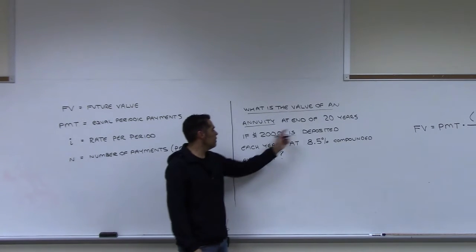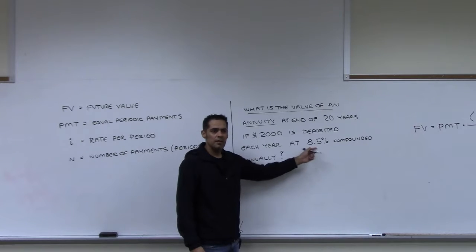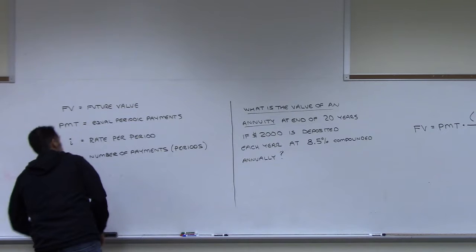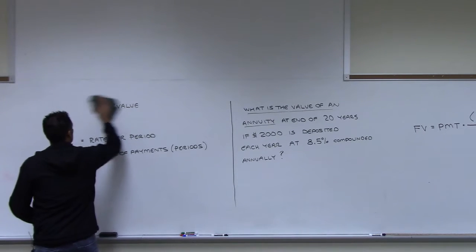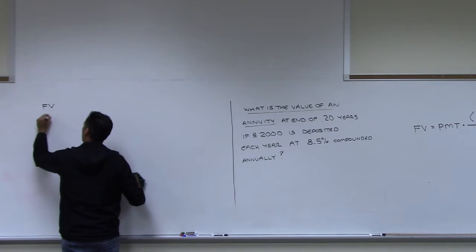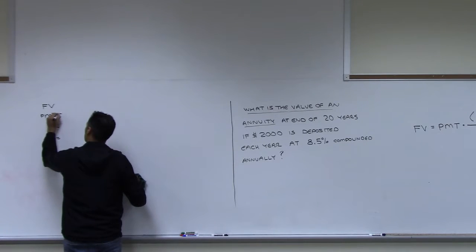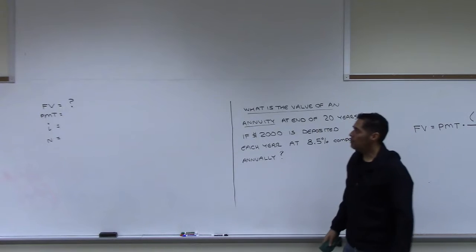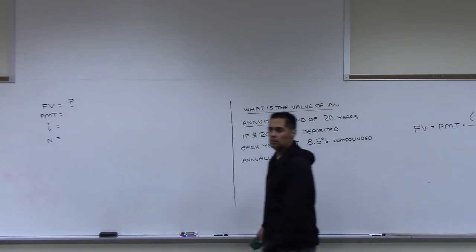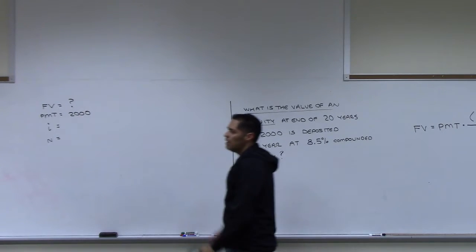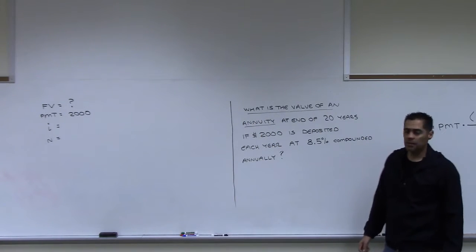But if you put it into a bank where you're earning interest, let's see how much we would have, okay? So, let's see here. If we list out all the variables, the future value is what we want to know, right? What's our payment? 2,000. Okay. And what is the interest rate per period?